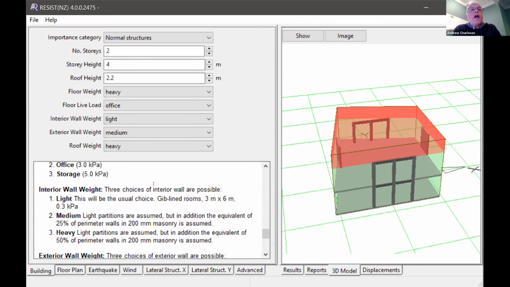In other words, for light walls, you would not use any bricks at all. But if you're using bricks, and just some of your walls are bricks, then it would be medium. And if all of your interior walls are bricks, then it would be heavy.